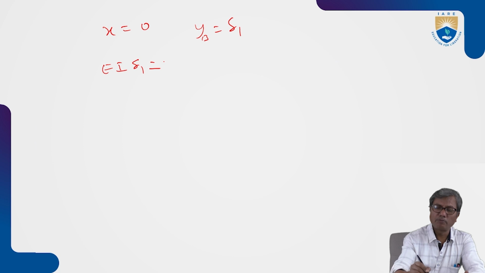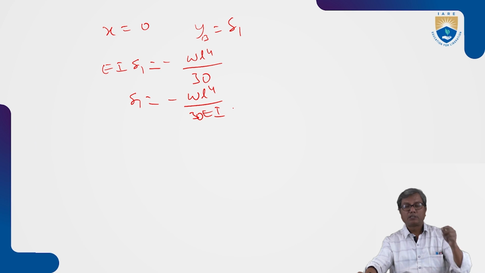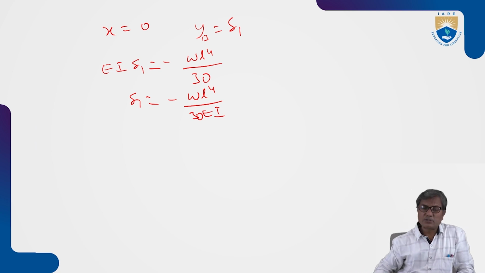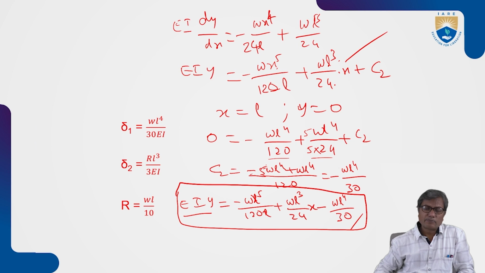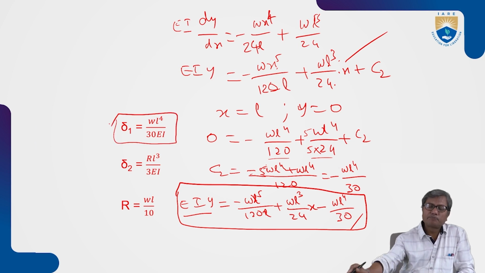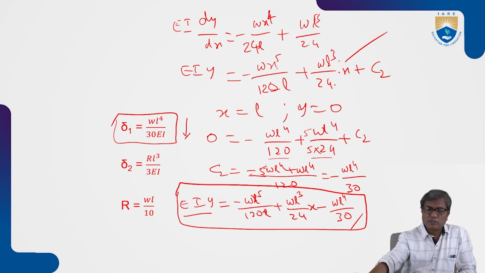So, you will have minus WL power 4 by 30. Or delta 1 is minus WL power 4 by 30 EI. So, here the downward deflection, and hence it is obtained with the negative sign. Yeah, delta 1 magnitude, if you consider, it is WL power 4 by 30 EI, which is downward.